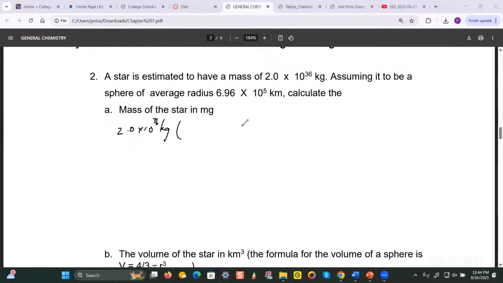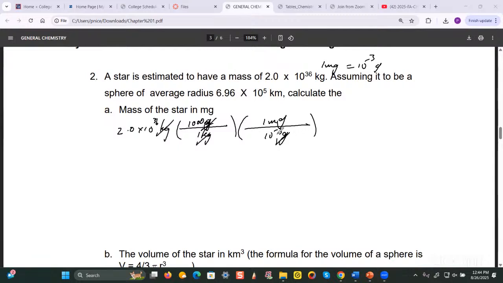Then I would convert that to grams first. 1 kilogram is equal to 1,000 grams, so the kilogram units cancel out and you're left with grams. Then we go another step to convert from grams to milligrams. 1 milligram is the same thing as 10 to the minus 3 grams, so I put the 10 to the minus 3 grams down here and the 1 milligram above, so that the gram unit cancels. Then we do the number crunching.